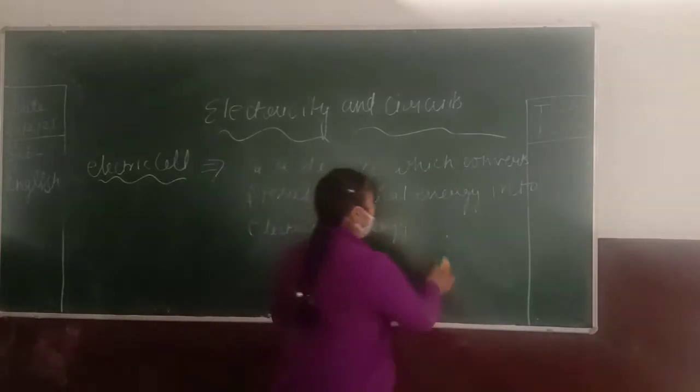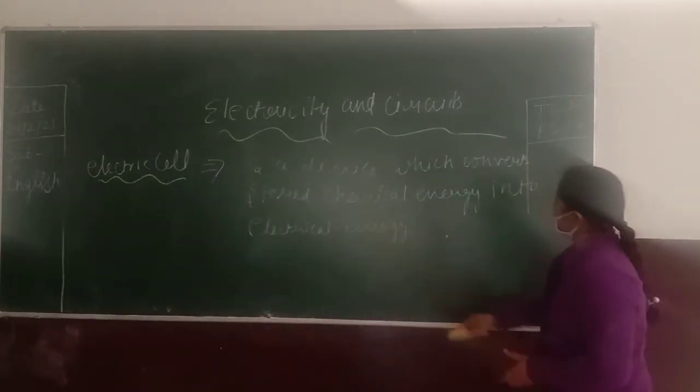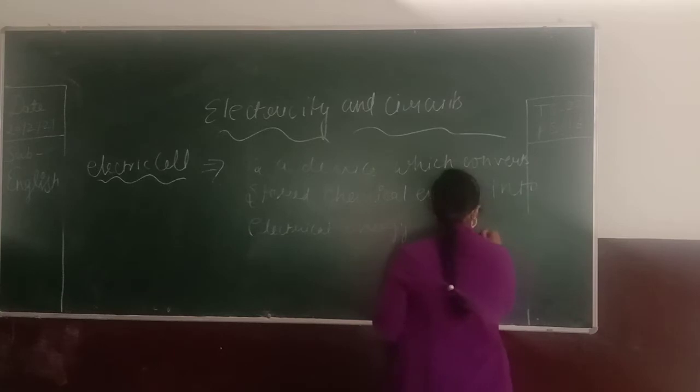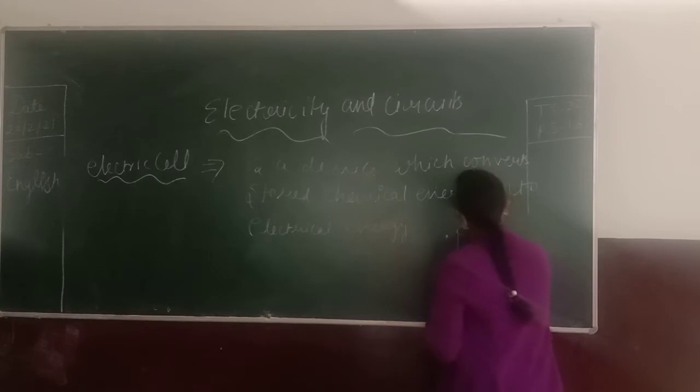So if you see a cell, you know that I'm not very good at diagrams, but I can make it a little better for you. The cell is like this.